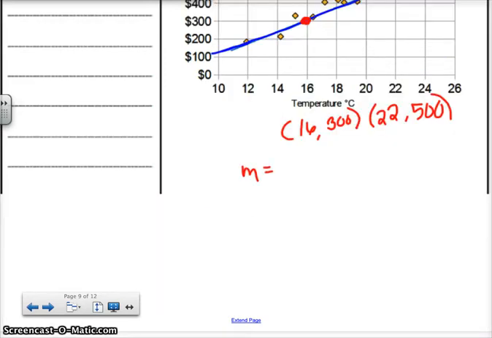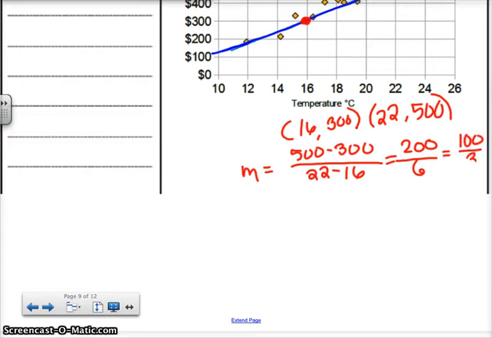Slope is equal to your second y, take away your first, over your second x, take away your first. 200 over 6. I gotta be able to simplify that somehow. I know they're both even, so I can half them. That would be 100 over 3. And that's all I can do. So that's my slope, 100 over 3.